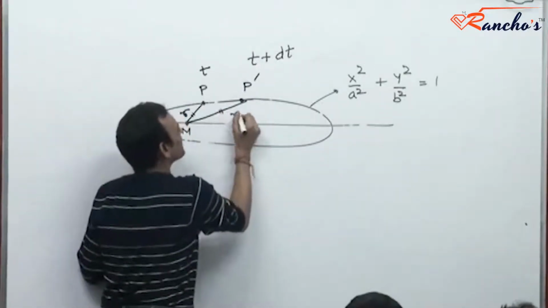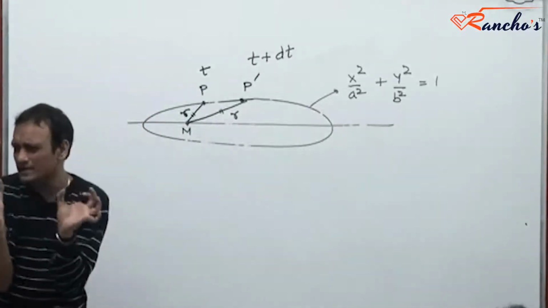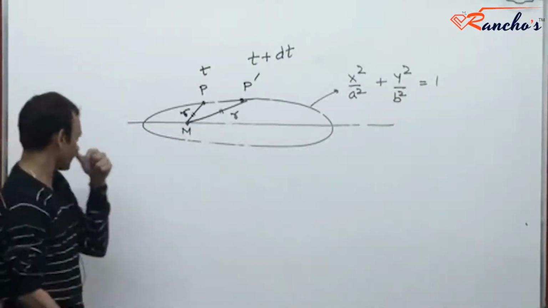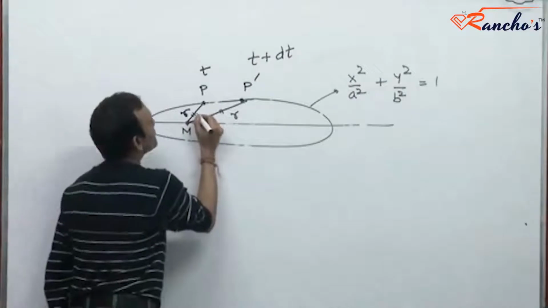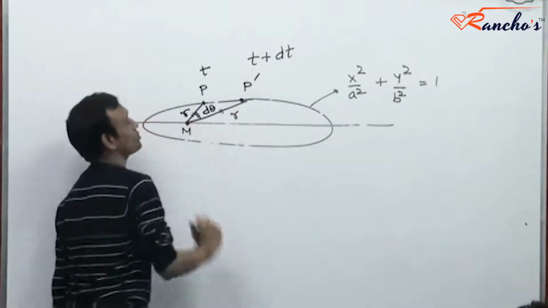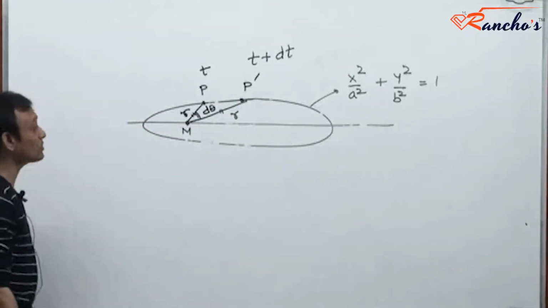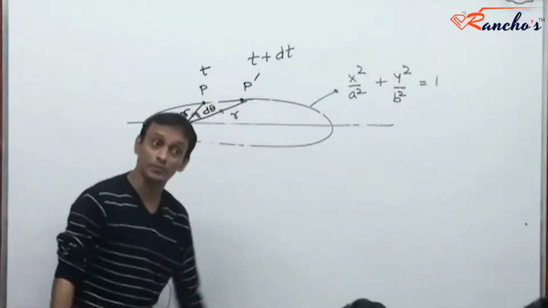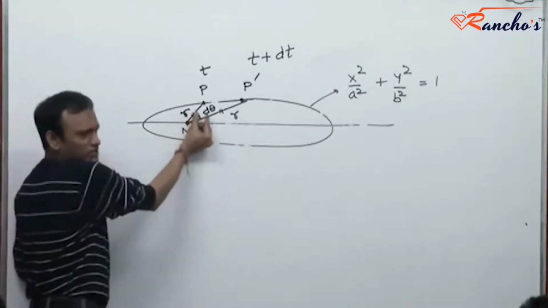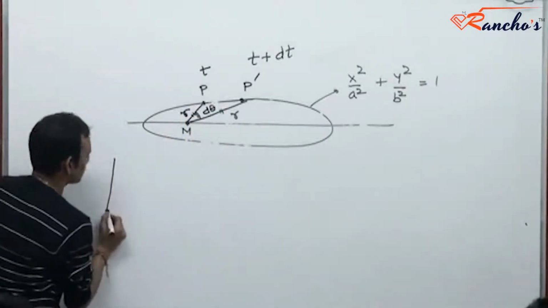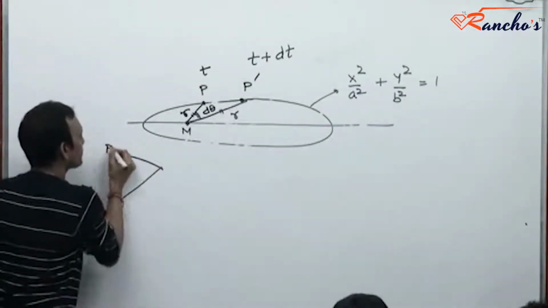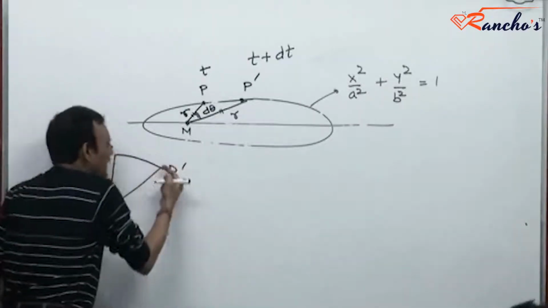Then this r remains practically the same. In this small time dt, MP and MP prime are roughly the same. And let's say it describes a small angle d theta at the focus while describing this path PP prime. Now, for a small d theta, this PP prime is as good as an arc of a circle.